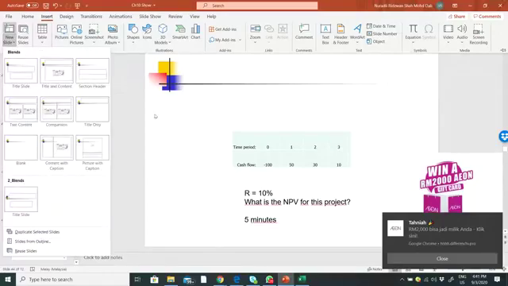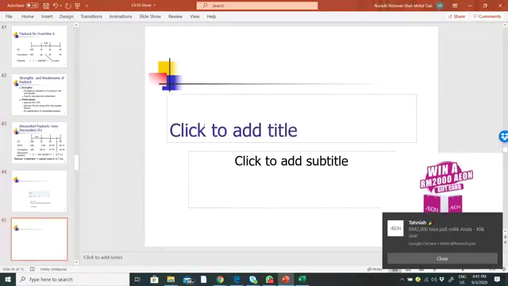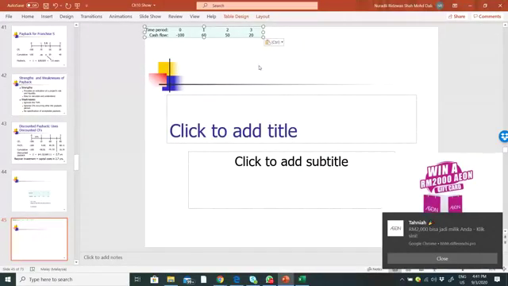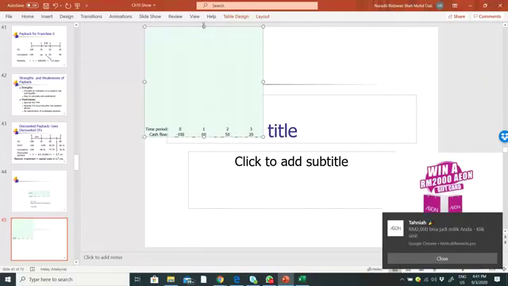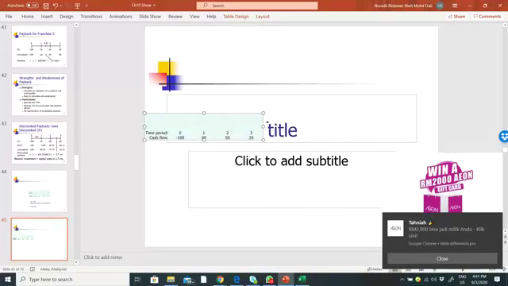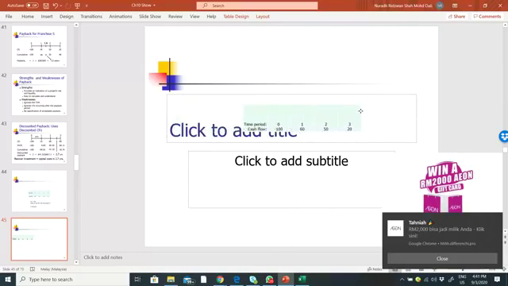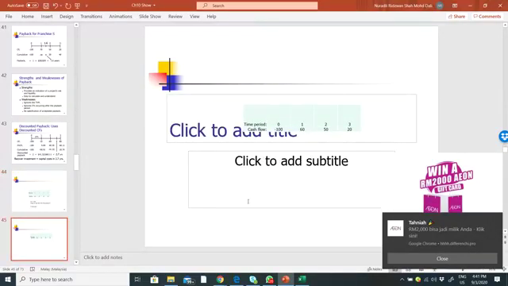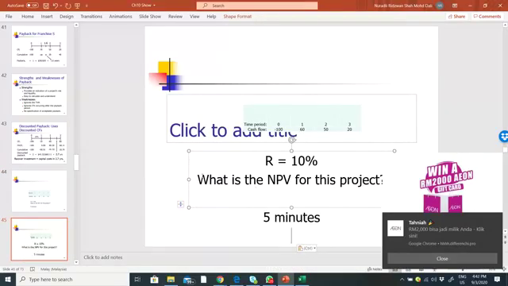Okay, this is the cash flow. What will be the NPV? I don't think we need 5 minutes. Okay, 2.5 minutes.